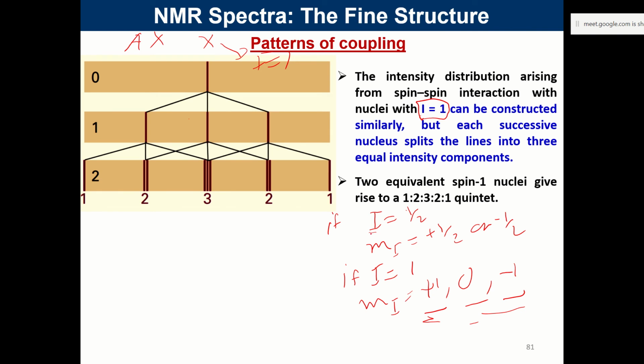So this is giving you the magnitude. I is the quantum number that determines the magnitude of the spin angular momentum, right?